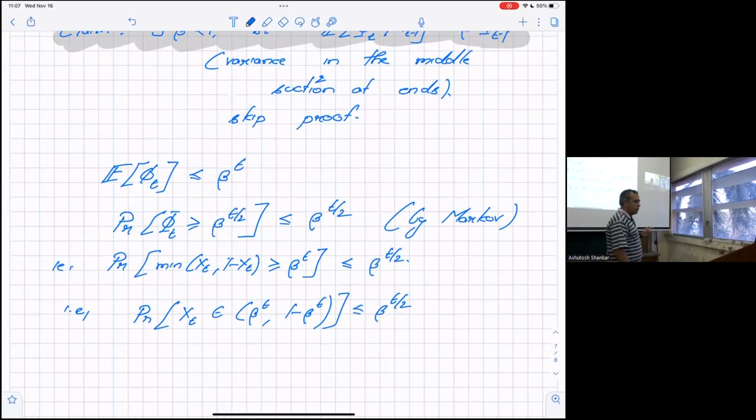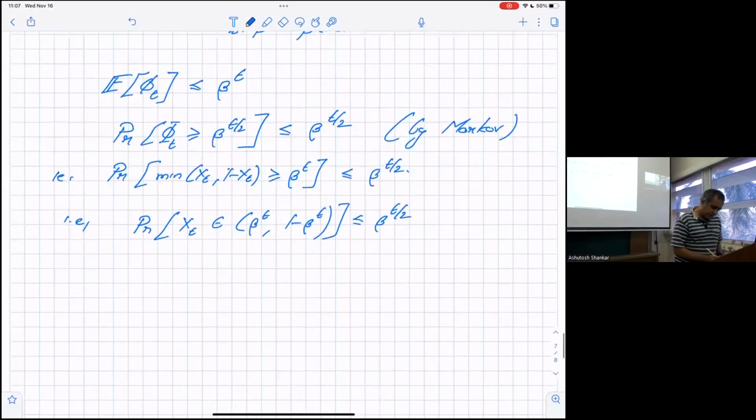So what does this give you? Think of beta as some arbitrary number. I don't have control on that number. Beta could be very small, beta could be very large. It could be very close to 1. So it's something like 2 to the minus 0.0001 times t. Beta itself could be any number, say very close to 1 but less than 1.